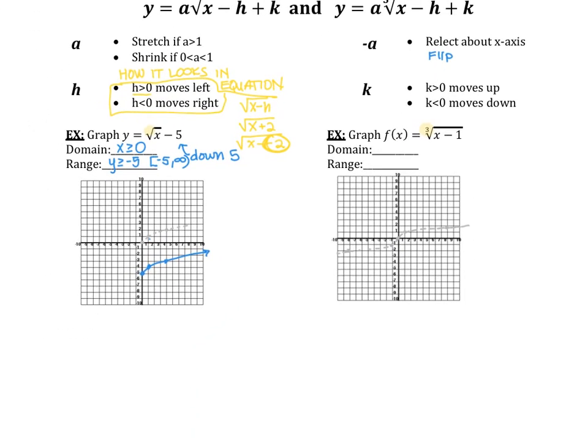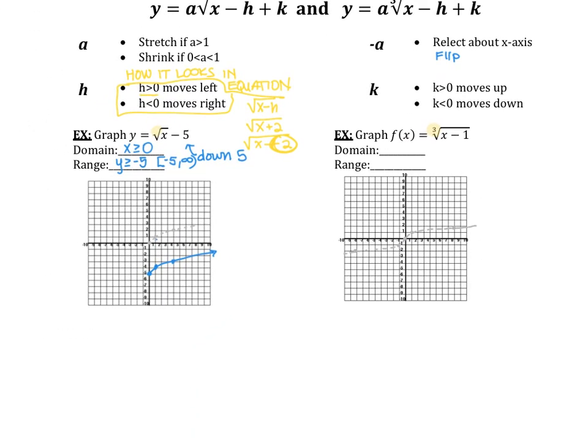Okay. So now I'm going to make a decision based on what transformations I have as to how to graph the rest of this. And what I see is that this has a -1 inside of the radical, which means, because it looks like it's a -1, I'm going to move the graph to the right 1.